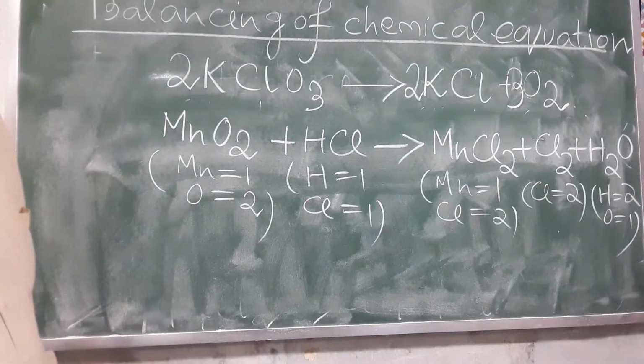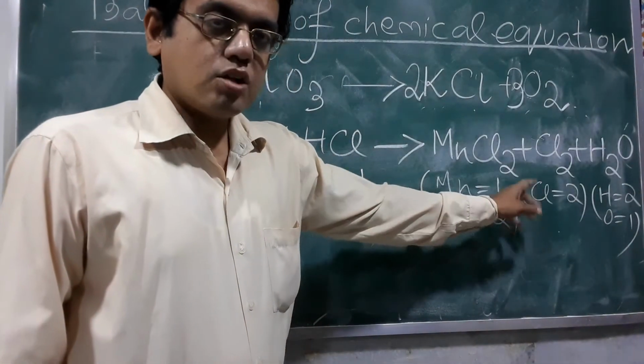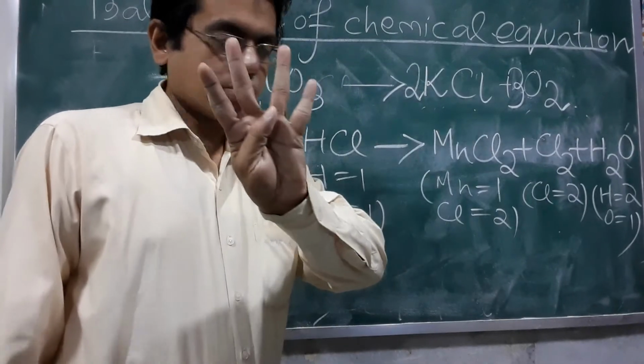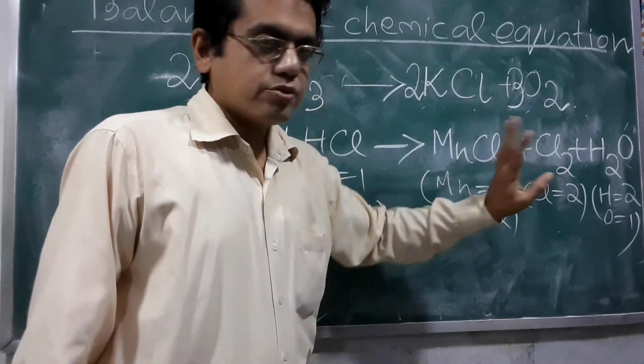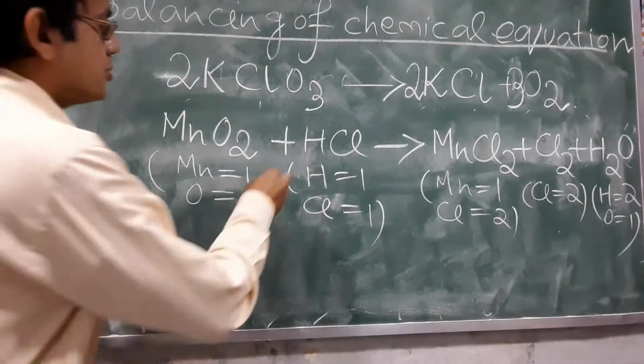Okay, now pay attention students. How many Cl on the right hand side? 2 and 2. Total 4. Only one Cl. See. So put 4 over here.